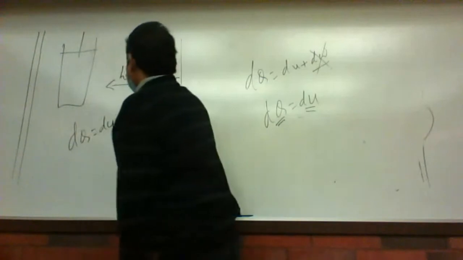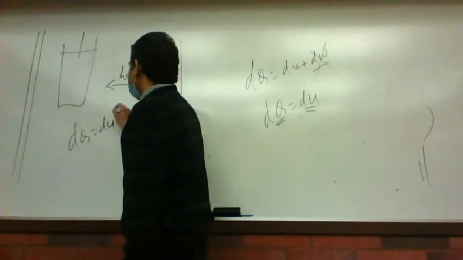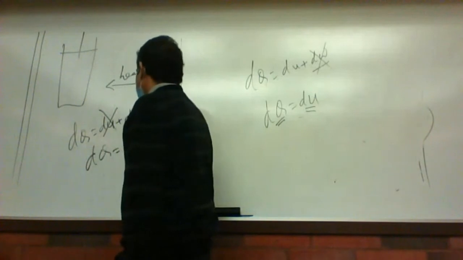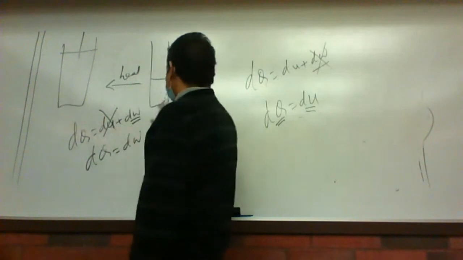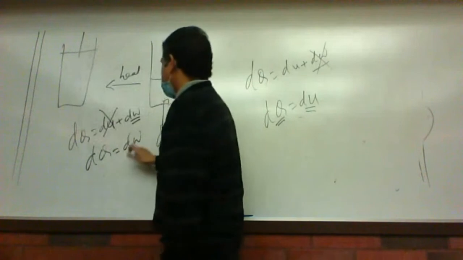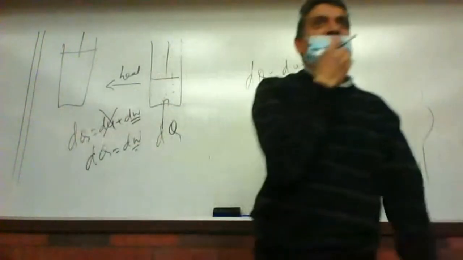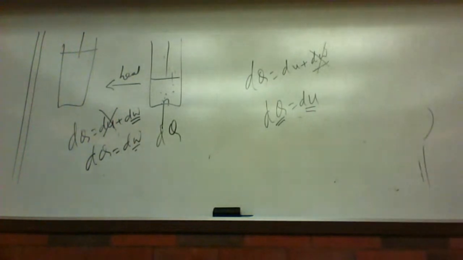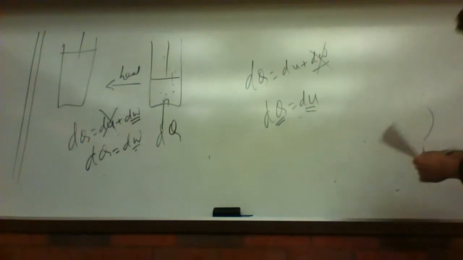The piston moved up, so dw is not 0, but the temperature did not change, so du is 0. So dq equals dw. All heat absorbed by the system to expand goes to the work because temperature did not change. Make sense? So du is related to the change in temperature, dw is related to the move up of the piston. Good. This is important.